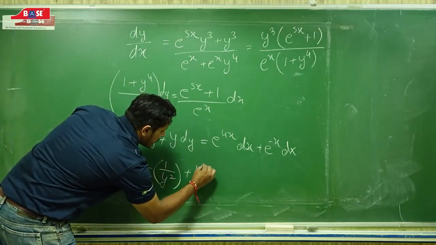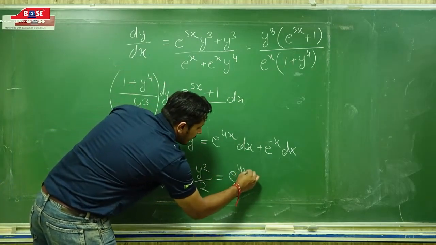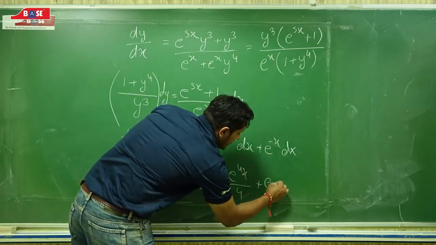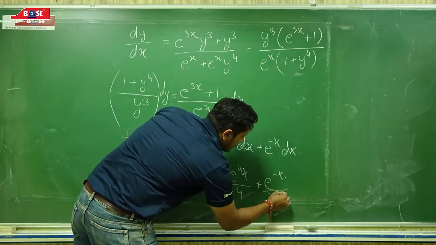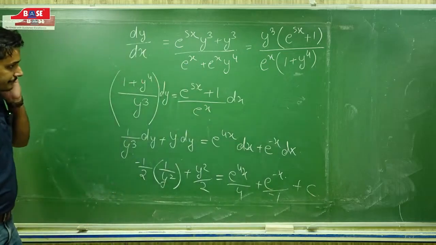And this is going to be y square by 2, is equal to e to the power 4x divided by the coefficient 4, plus e to the power minus x divided by minus 1, plus some constant of integration.